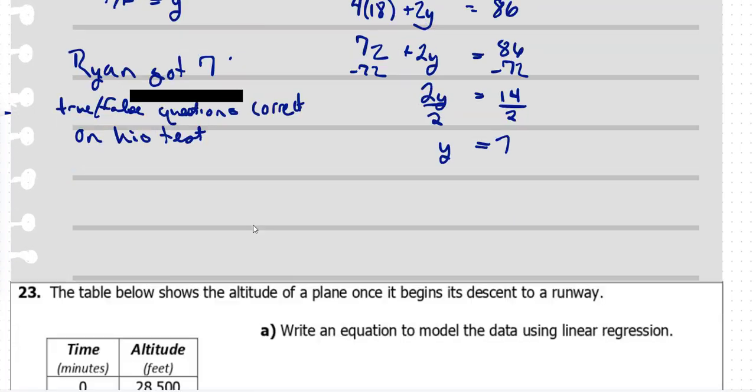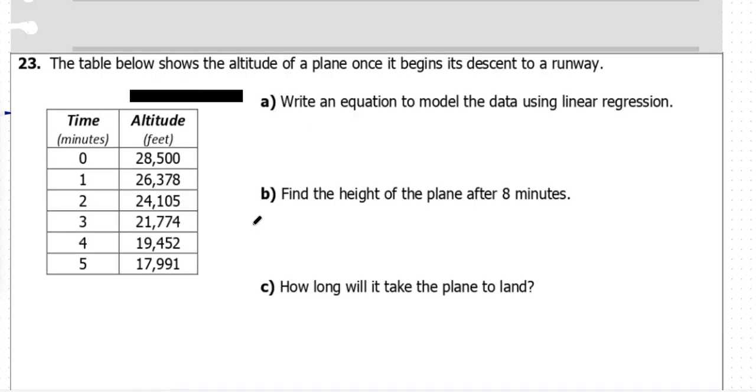The last one we have in this section is when we use our calculator for the chart. Remember, you went into the chart and put this in the first column and this in the second column. When you did, you ended up rounding to the nearest hundredth.